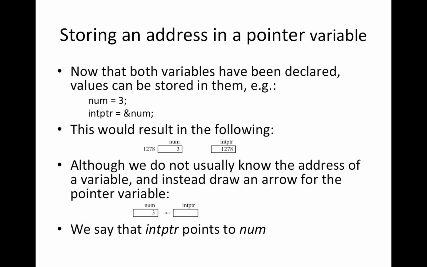But usually we don't know the actual address of the variable, and it could be different every time we run the program. So instead of putting a number in there, we draw an arrow, and we say that the pointer variable points to the variable num. But again, what it's really doing is storing the address of the variable num.